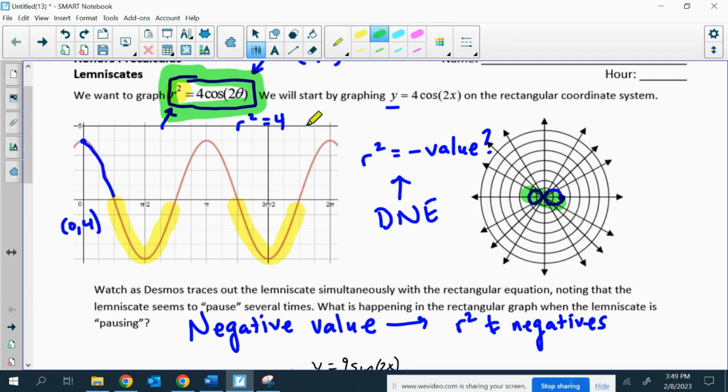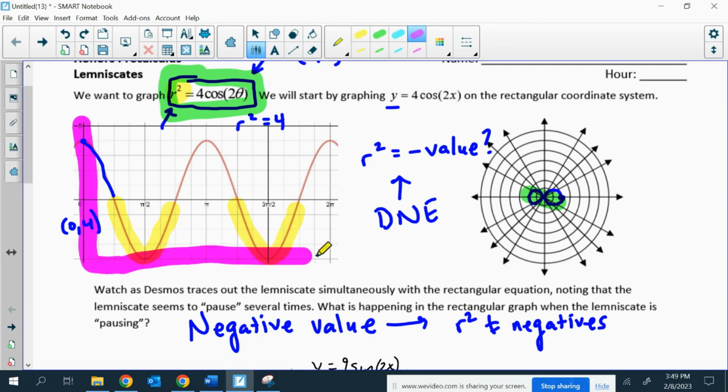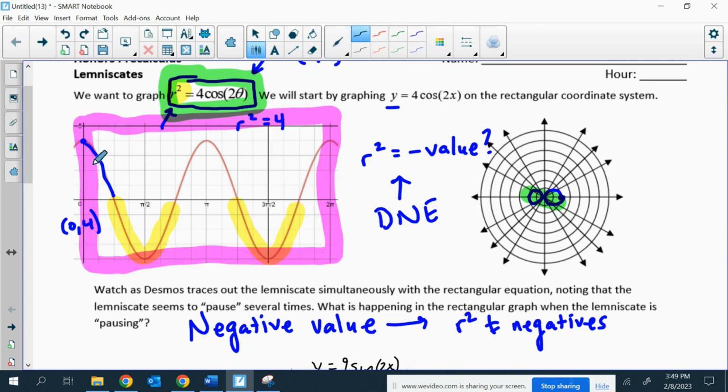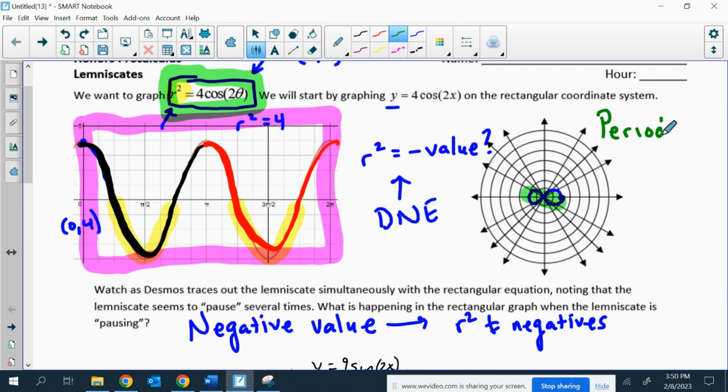So what we may notice about this is that even though there's 2 entire cycles in this rectangular graph, so notice we have 1 cycle, and then a second cycle. Even though there's 2 entire cycles in the rectangular graph, that only does 1 entire period in this r squared equals 4 cosine 2 theta lemniscate. So as a result, the period of a lemniscate is 2 pi.